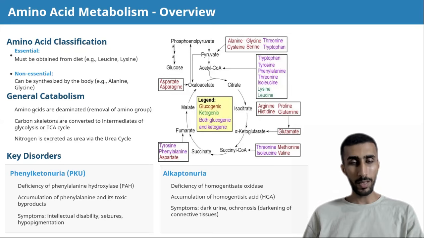Then the catabolism of amino acids. This has a lot of processes. First is transamination. By transamination we mean the transfer of an amino group to an alpha keto acid. Normally this is alpha ketoglutarate, and it occurs through two enzymes, ALT and AST.